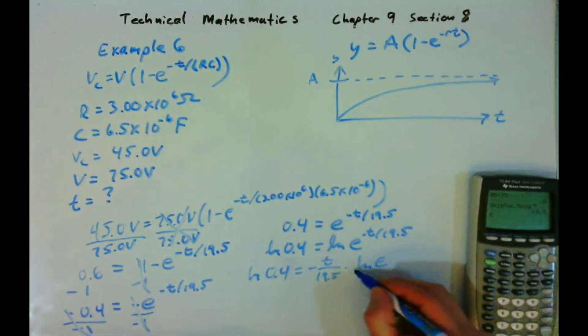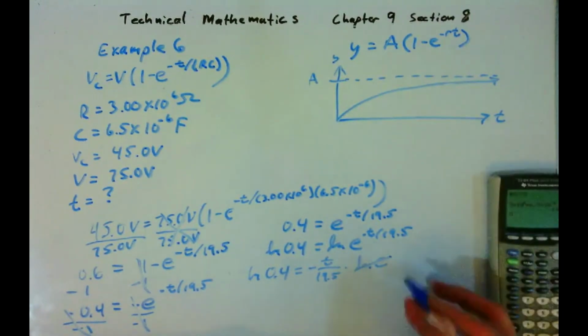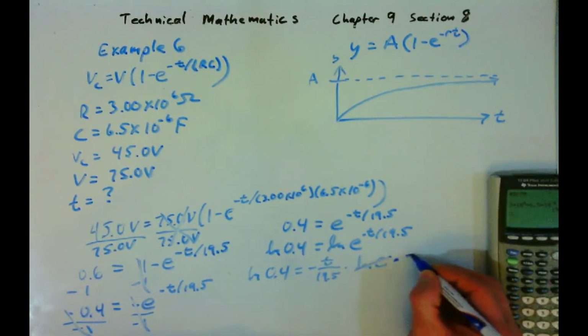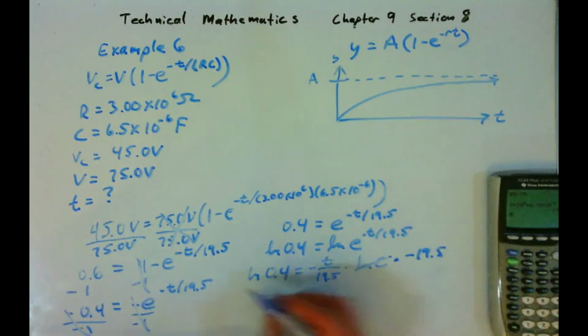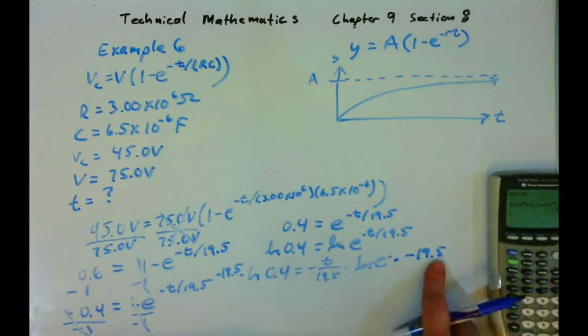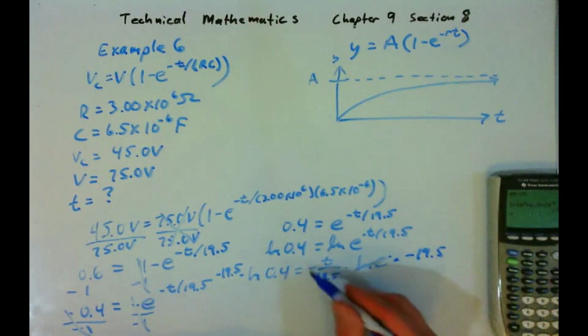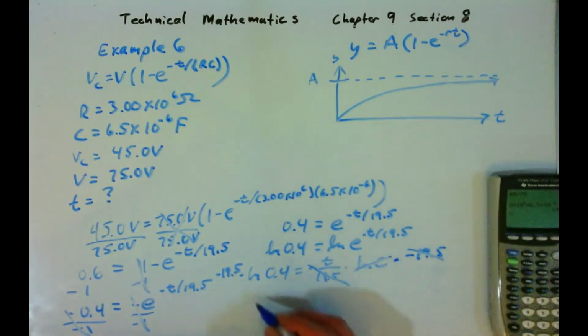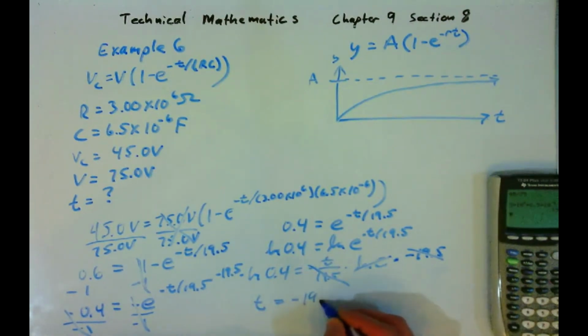The natural logarithm of e is 1, so that cancels. And I'm going to want to multiply both sides by negative 19.5. That cancels the negative and the 19.5 over here, leaving us with t. And so t equals negative 19.5 times the natural logarithm of 0.4.